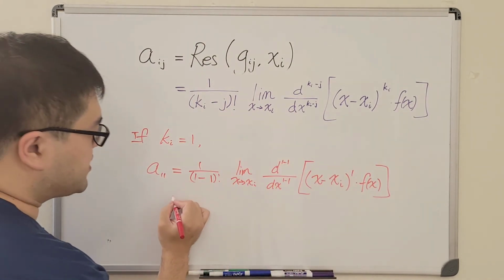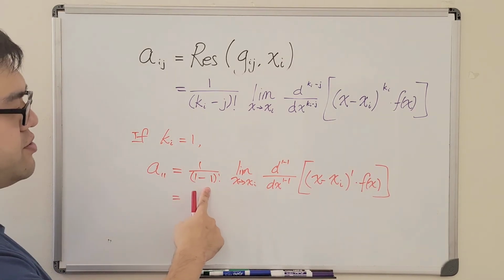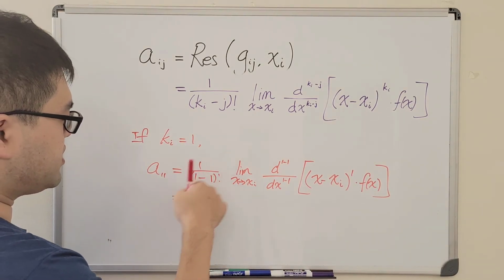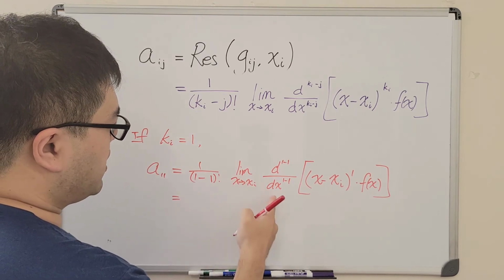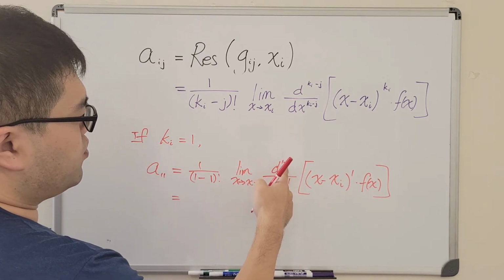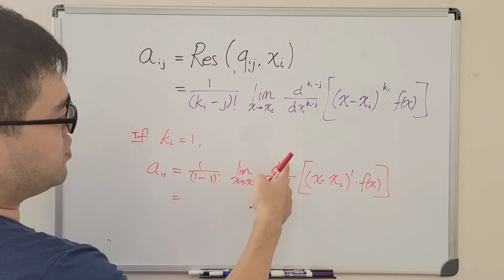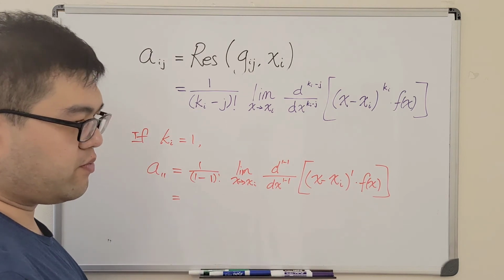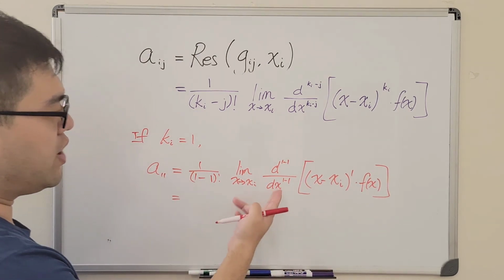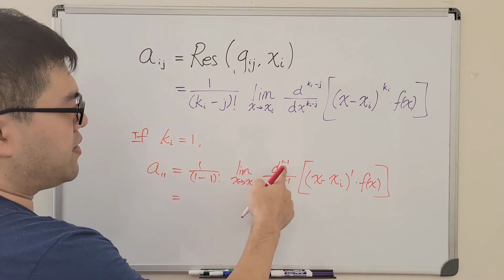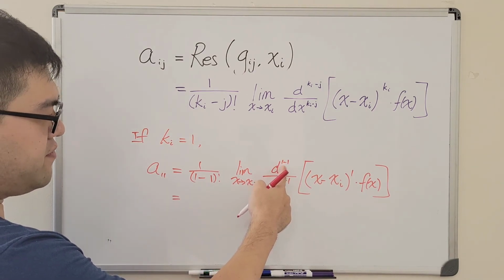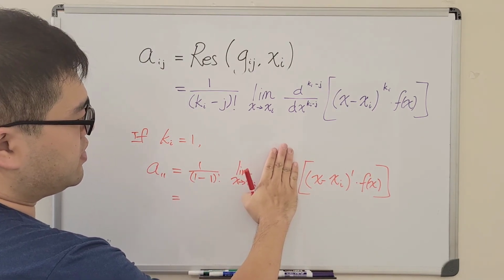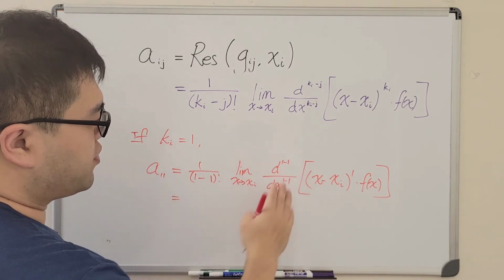If we simplify, 1 minus 1 is 0, 0 factorial is 1, so this term is just 1, and we're taking the 1 minus 1 derivative, meaning we don't have to take any derivatives; we take the zeroth derivative, so no extra operation here.